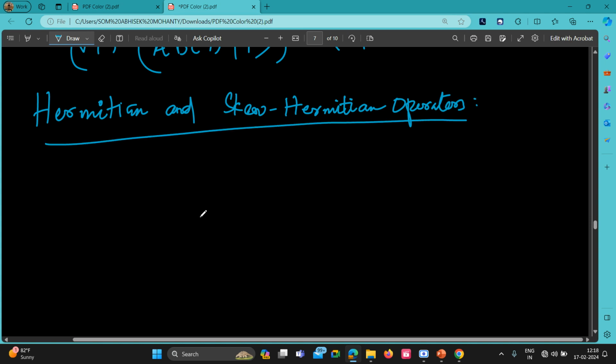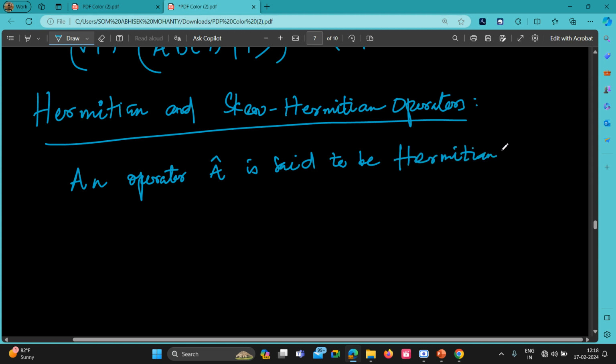An operator A is said to be Hermitian if it is equal to its adjoint, A dagger.